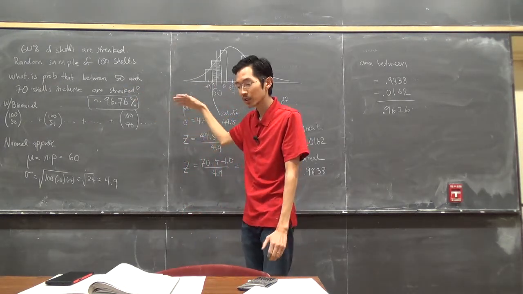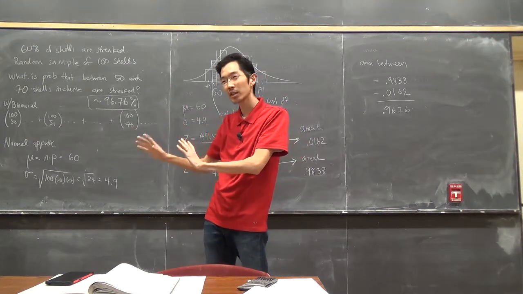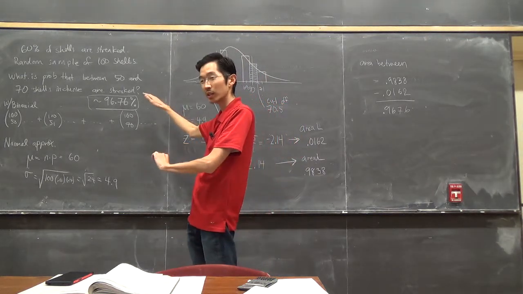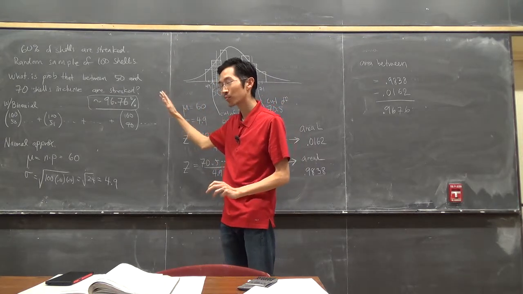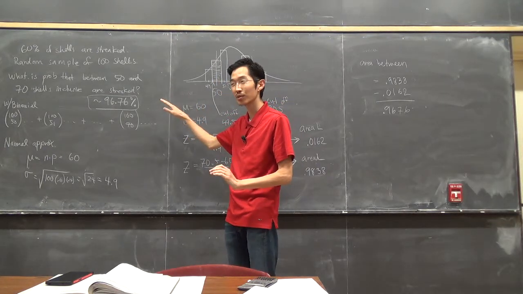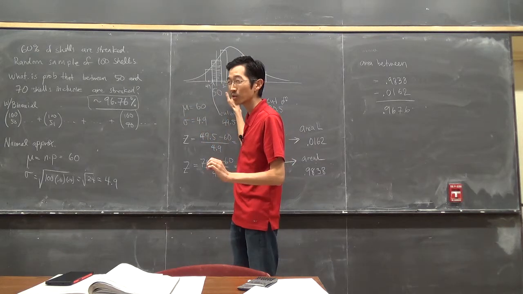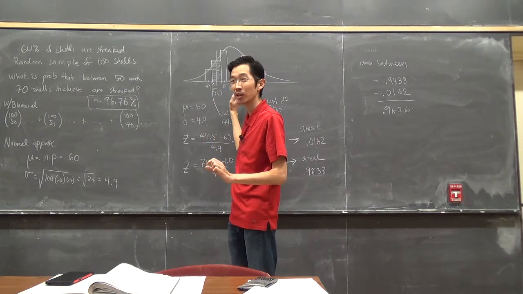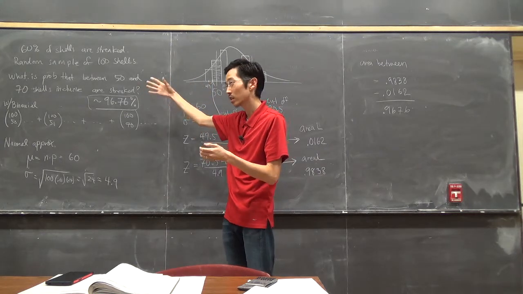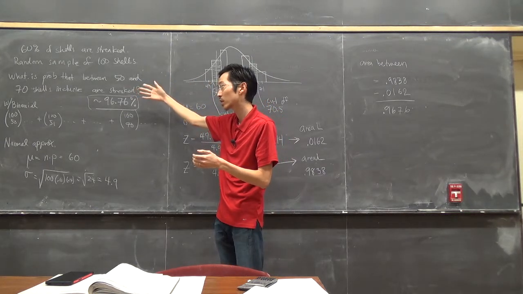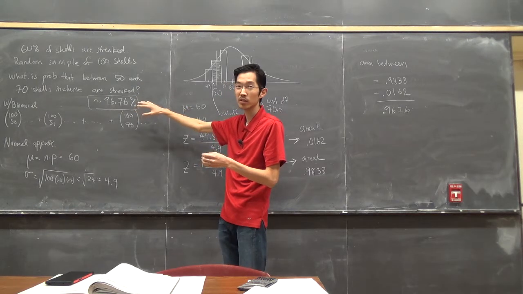And my recommendation, so the book provides another set of formulas when you're dealing with percentages. I find that that extra set of formulas just confuses students, and it actually gets really messy when trying to do the continuity correction. So my recommendation is, if you're given percentages, turn them into counts, okay?